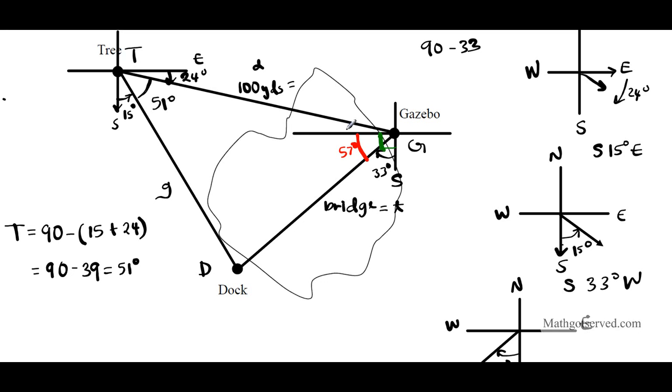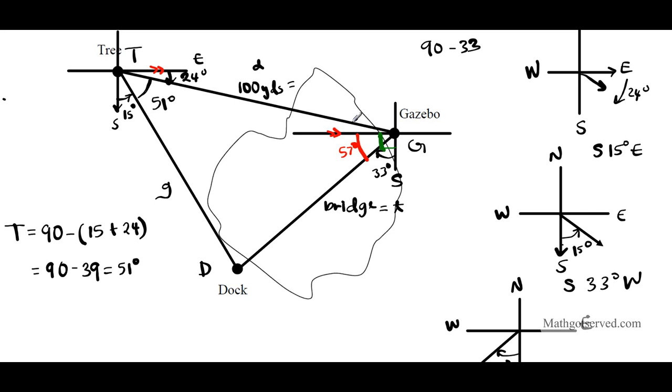Now this is 57 degrees. How many degrees is this up here? Now since the east and the west are parallel, this line is parallel to this line, and we have a transversal connecting both of them. That means we have the formation of alternate angles.